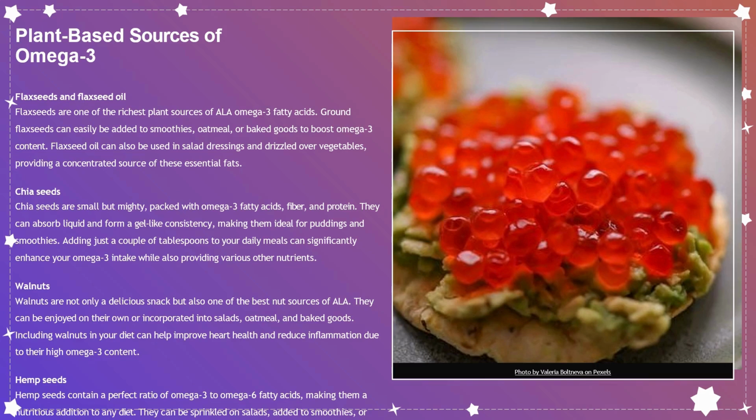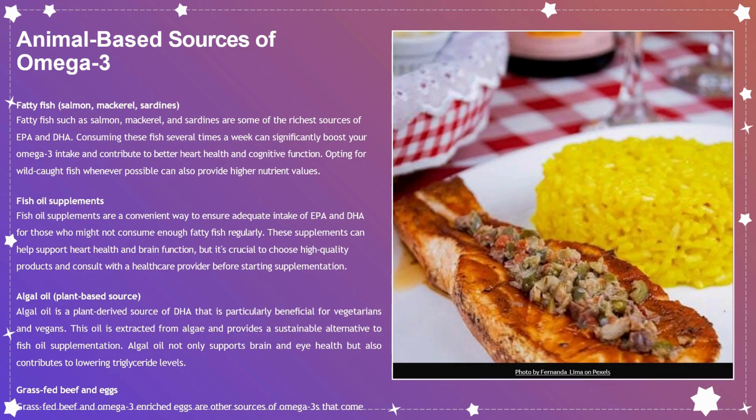Firstly, let's focus on plant-based sources of omega-3. Flax seeds and flaxseed oil are among the richest sources, providing a significant amount of ALA. Chia seeds are a fantastic option and packed with nutrients. Walnuts also offer a good dose of ALA and make an excellent snack.